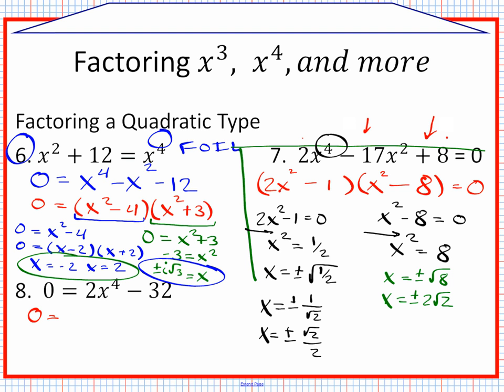First, I noticed the 2. So 2 times x to the 4th minus 16. Now, teachers talk about these in a lot of different ways, but I view x to the 4th minus 16 as a difference of squares. I don't think of it so much as quadratic type, but it does fit that mold too. I can factor that to x squared plus 4 times x squared minus 4.